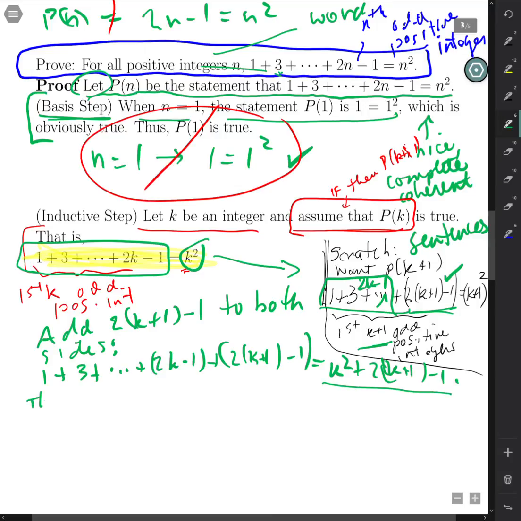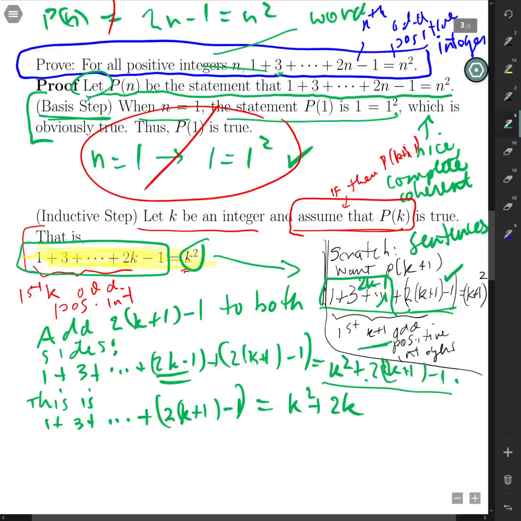This is just using algebra. 1 + 3 + ... plus. Now there's no real reason to write that 2k minus 1 term in here anymore. It is there. It's just that we've got all k+1 odd positive integers here now. And this side over here is just k squared plus 2k.